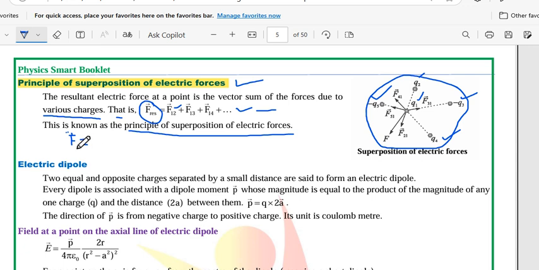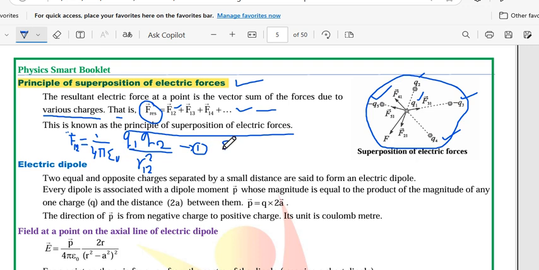F12 is equal to 1 by 4 pi epsilon naught into Q1 Q2 at a distance r12 square. This is the first equation.